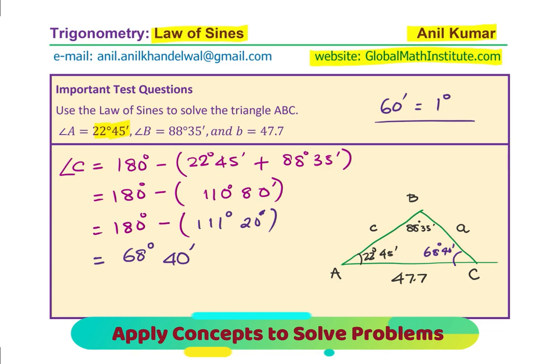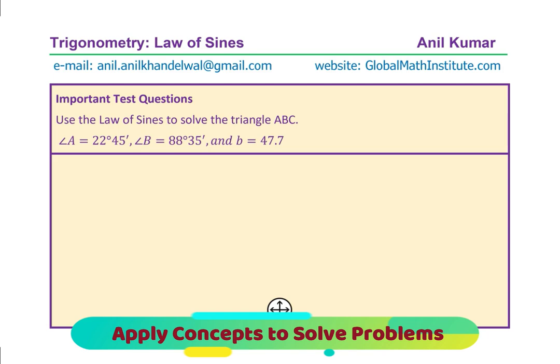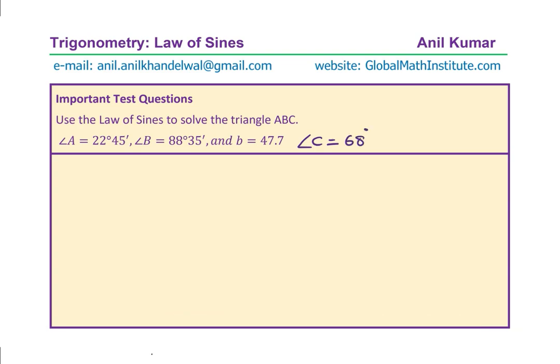Now, we have our triangle. Let us now find the sides using the law of sines. So let's move on to a fresh page. We just figured out that angle C is equal to 68 degrees 40 minutes. I'm making a smaller diagram on this side just for our reference.